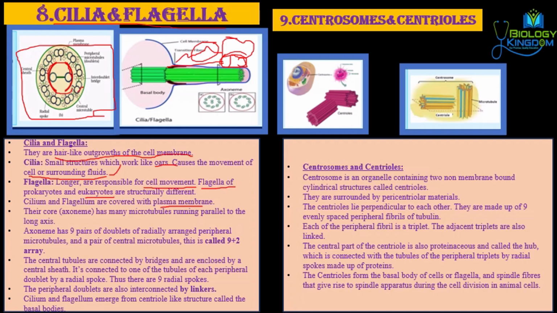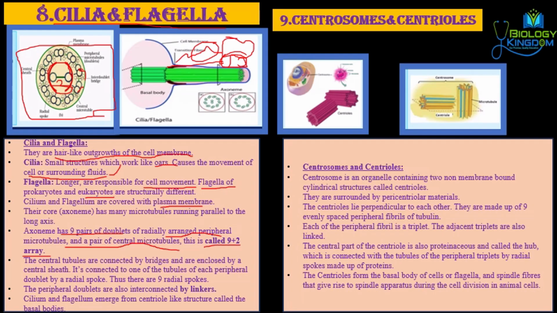These blue color structures are microtubules, arranged as 9 pairs of doublets radially arranged in the periphery and a pair of central microtubules. So these are 9 in number, and we have a pair of central microtubules, 2 in number. This is the reason we call it the 9+2 array.